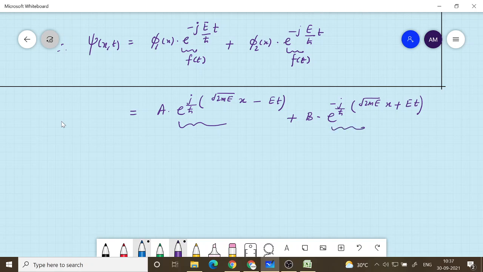The first solution corresponds to a particle moving in the plus x direction, whereas the second solution corresponds to a particle moving in the minus x direction.